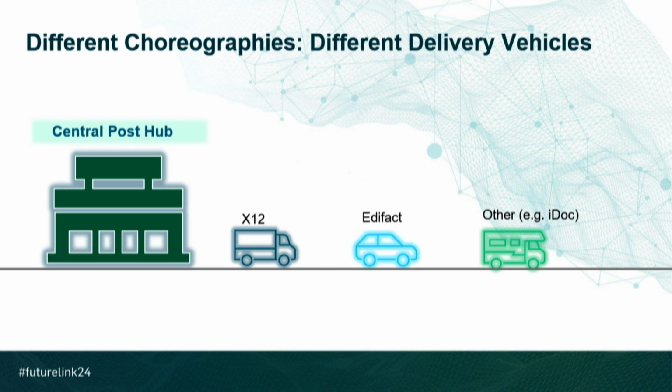So you're giving the special set of instructions to these different delivery vehicles, and as you can see, we have a truck for the X12, a car or a van for Edifact, and that looks like a Winnebago to me, but that's for IDOC. And so you're giving these special instructions so that the vehicles can reach their destination correctly.